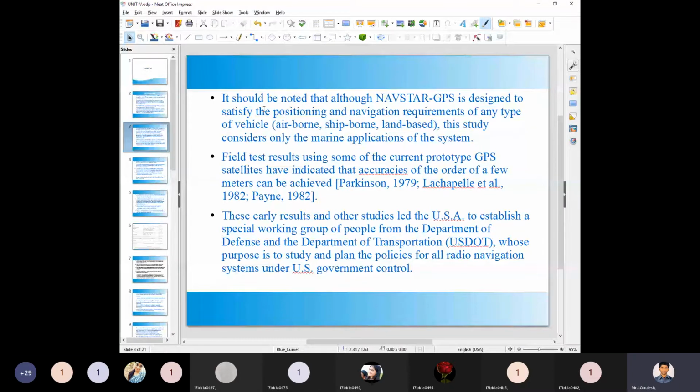These were tested by Parkinson in 1979, Lachapelle et al. in 1982, and Payne in 1980.